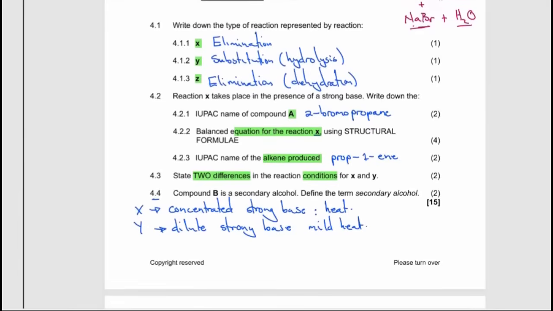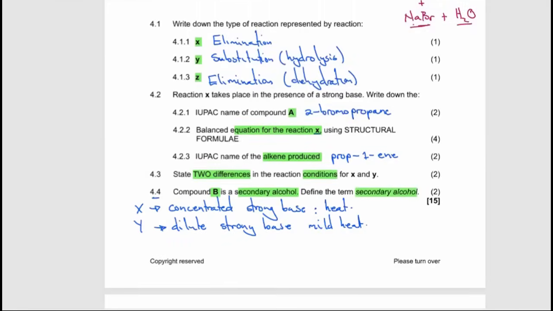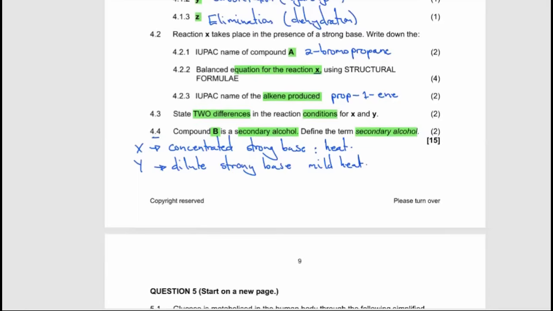Then to proceed to question 4.4, it says compound B is a secondary alcohol, right? So define the term secondary alcohol. Firstly, we defined the term tertiary alcohol. Now we're going to proceed to define the term secondary alcohol.